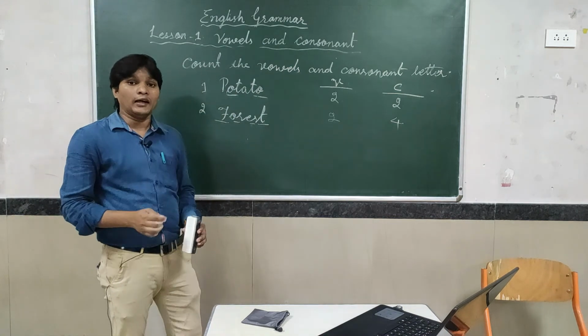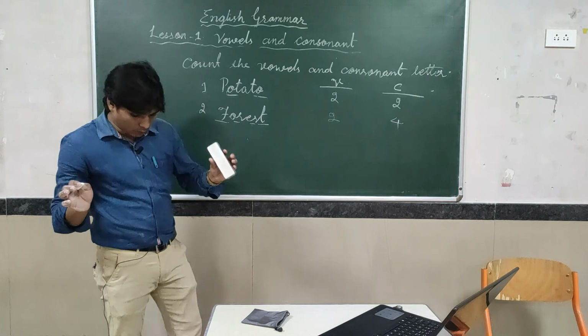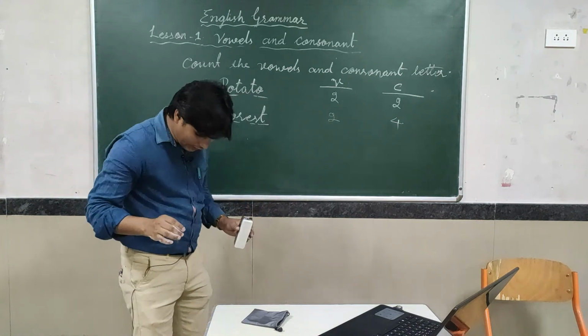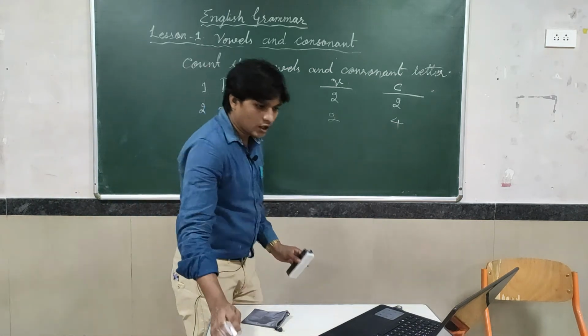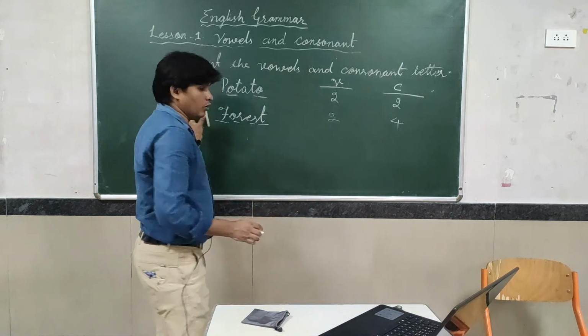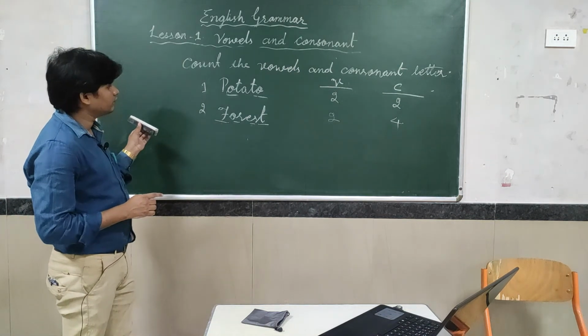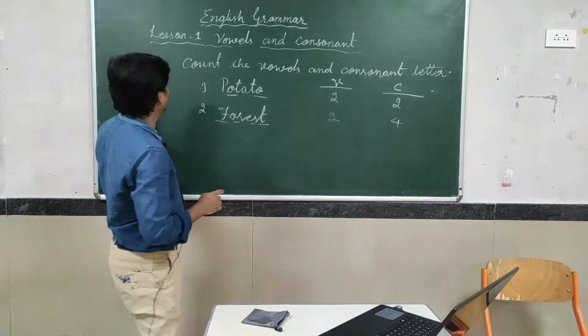Second point, you practice in this. Okay, understand properly? If you want to understand, definitely you can ask me. So next point: make a screenshot, it will help you in writing. Okay, good.